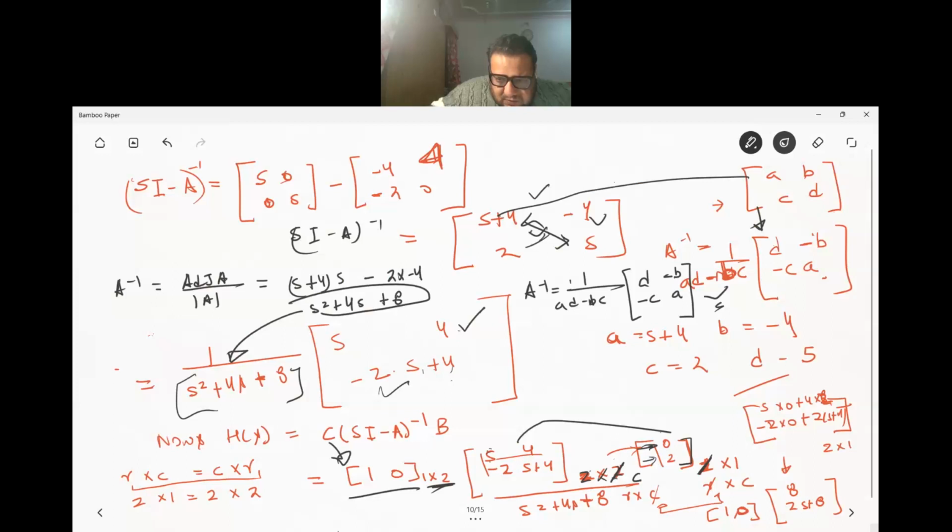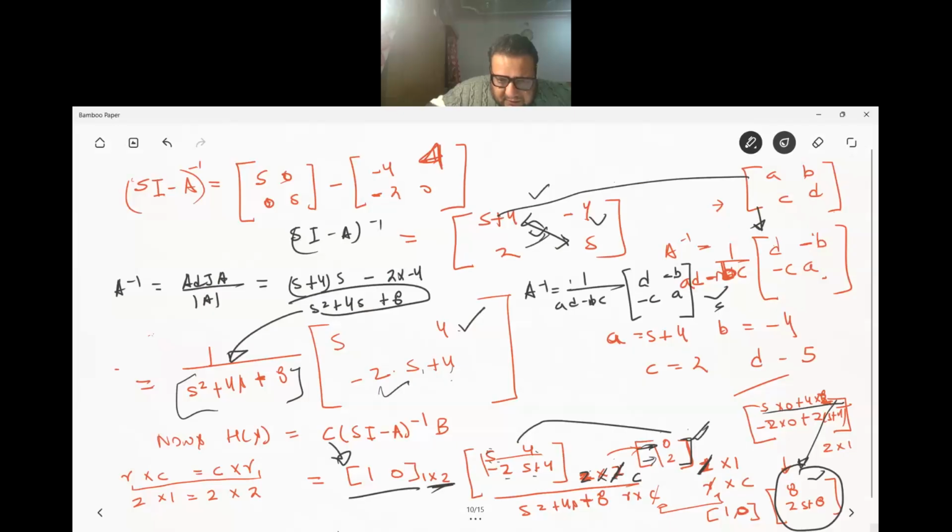The dimension will again become 2 cross 1. It would be s into 0 plus 4 into 2. The first value: s into 0 is 0, so the first value comes as 8. Second is minus 2 into 0 and s plus 4 into 2, so it becomes 2s plus 8. So I get this as 8, 2s plus 8.